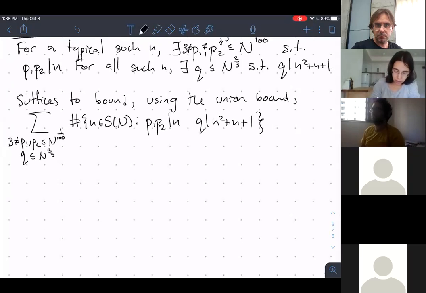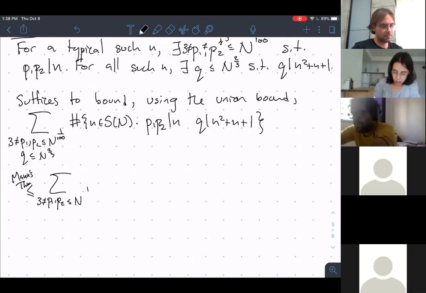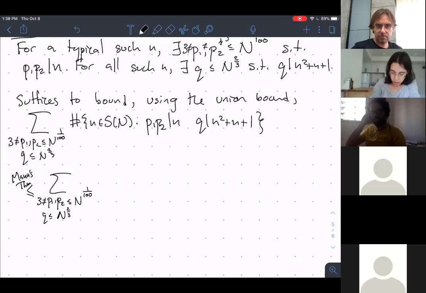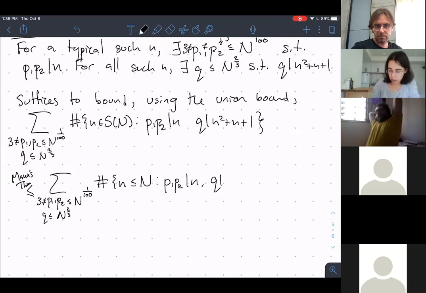And now using Mann's theorem, we can transform this condition that n is order of a perfect difference set into some quadratic residue condition. So this is bounded above by the sum over the same thing. But now I need to count the number of n below big N that are divisible by P1 times P2, and that n squared plus n plus 1 is divisible by q.